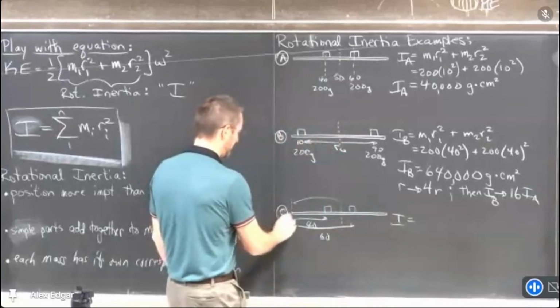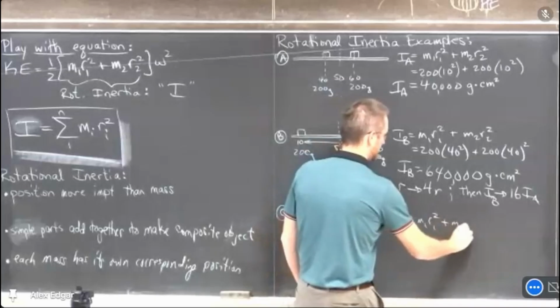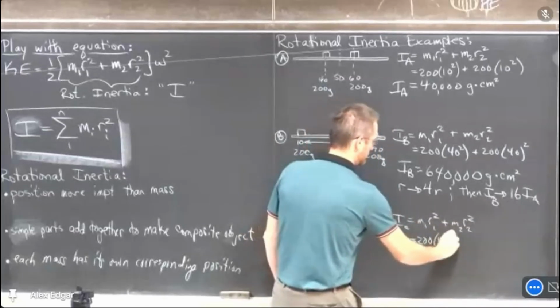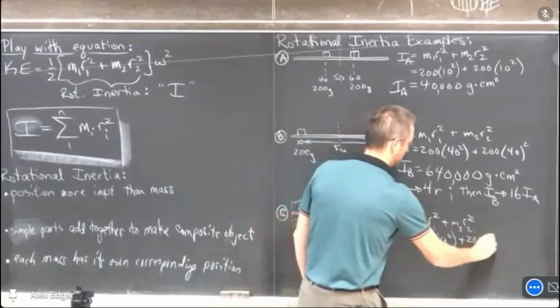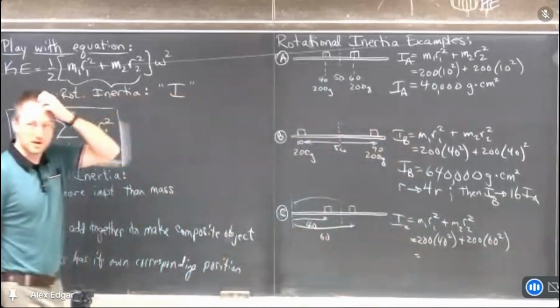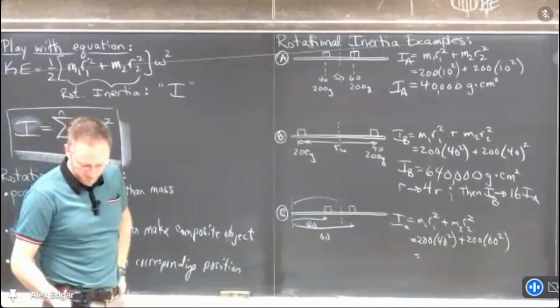Fine, since we're doing A, B, let's do C. So now we're going to do 40 squared and 60 squared, and I don't feel like doing that in my head.